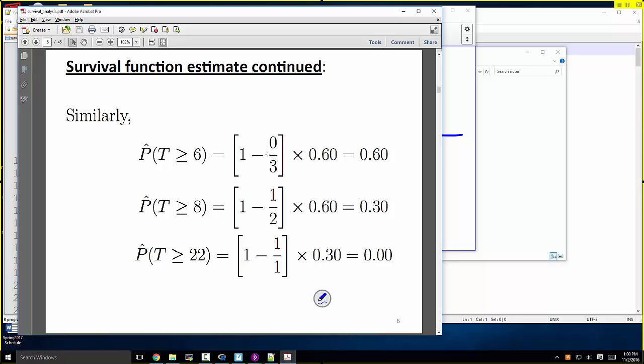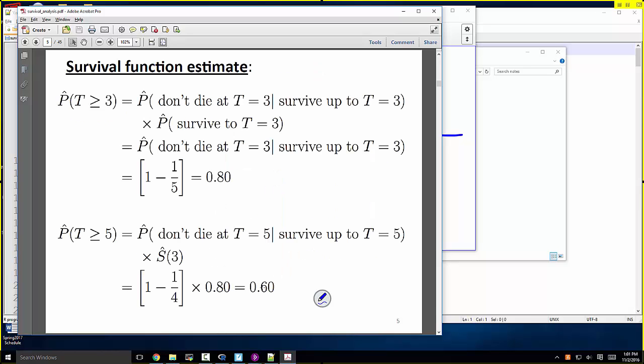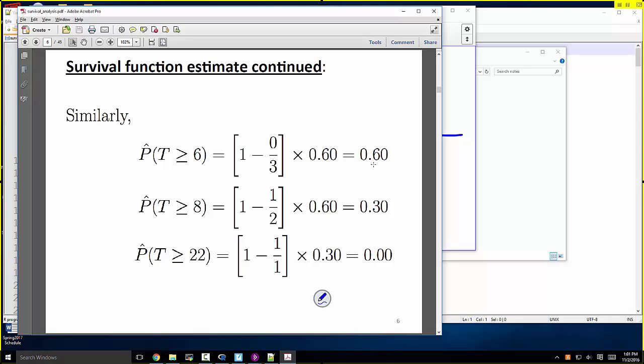So we are actually going to say that there were 3 people at risk at time 6, and none of them died. So notice that the survival curve estimate does not change at this censored time point. The previous survival probability was 0.6, and it continued at 0.6.